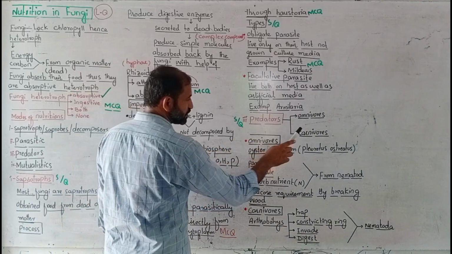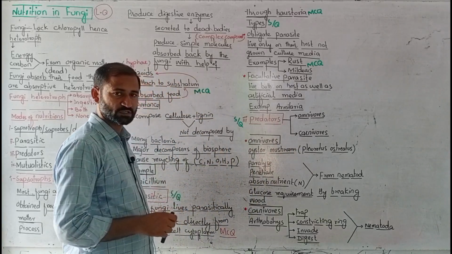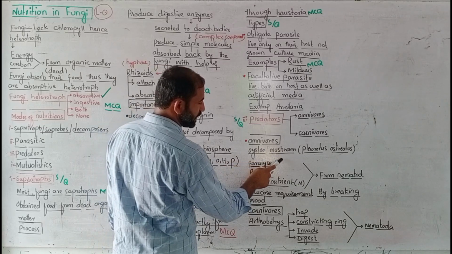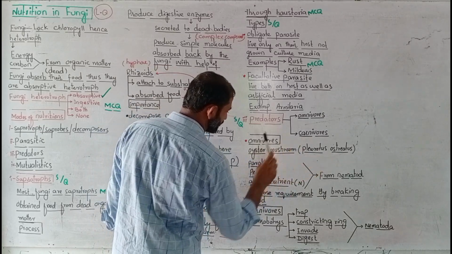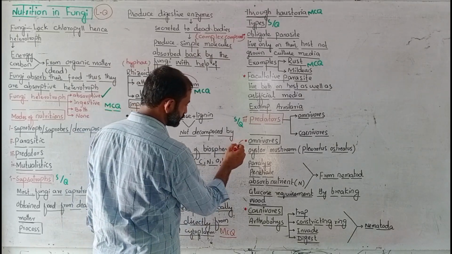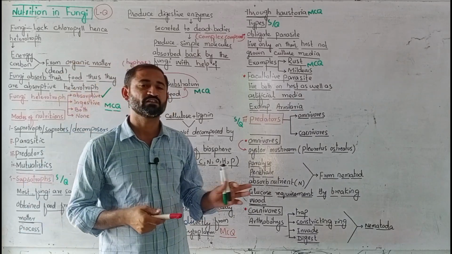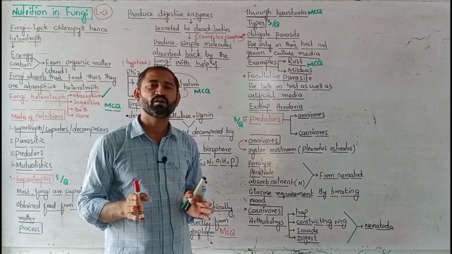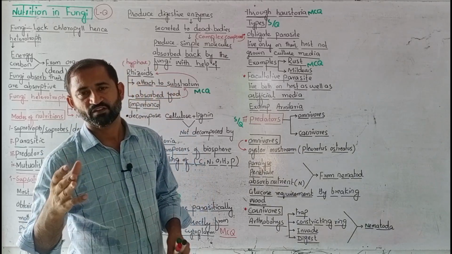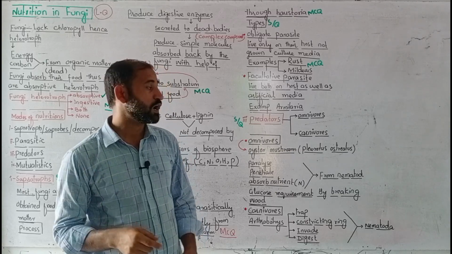Now we will give examples of omnivores and carnivores. The first one is omnivores. What are omnivores? The example is the oyster mushroom, Pleurotus ostreatus. One point to make clear: in some old textbooks there is a mistake, which says that Arthrobotrys is an omnivore, but it is wrong.